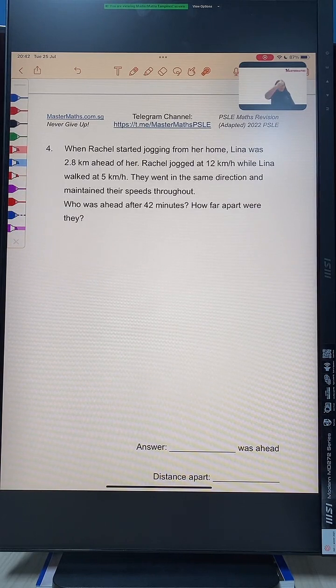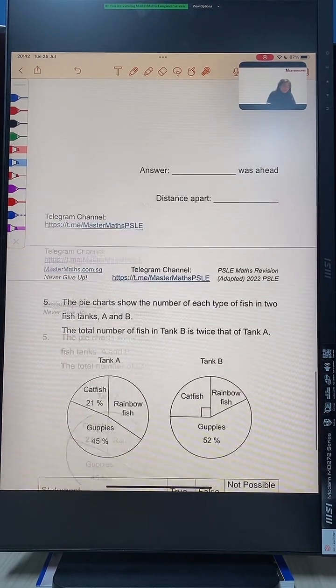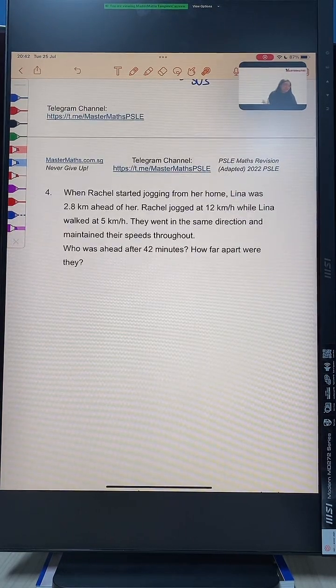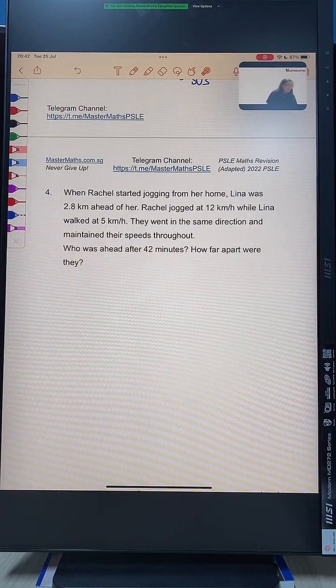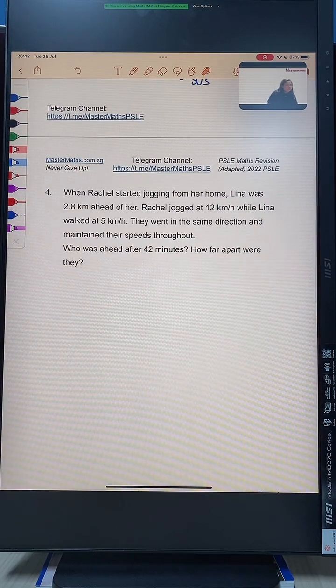Let me go through this question and give you some tips and tricks to solve it. This question is on speed. The next question is on pie charts. These are for P6 only, but the previous questions may well appear in P5. So those of you who are in P5, you can also join in every week, no worries. You will still learn something.